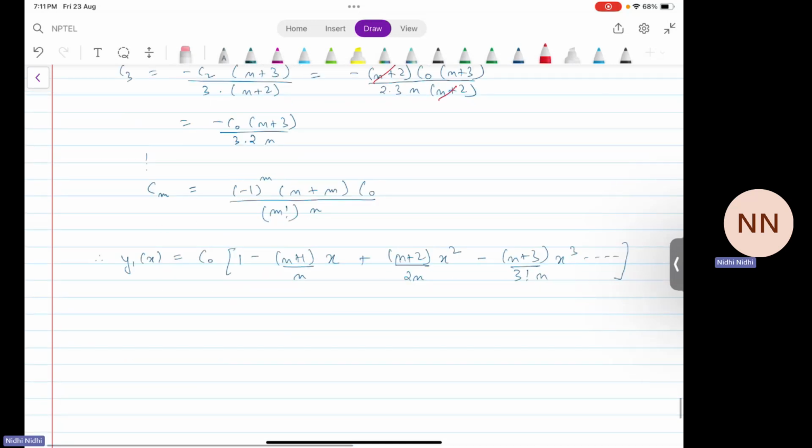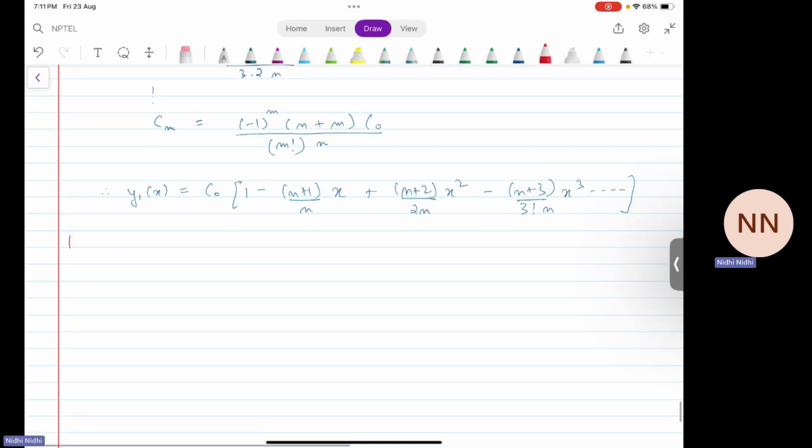Now let's see what happens for the case r2 equals 1 minus n.